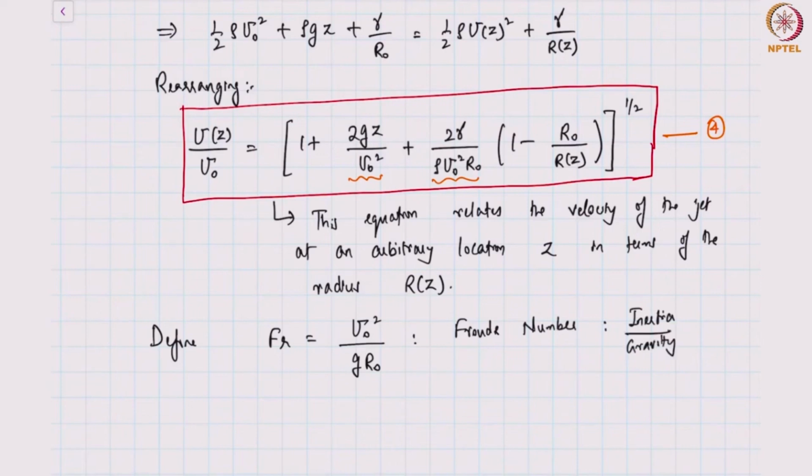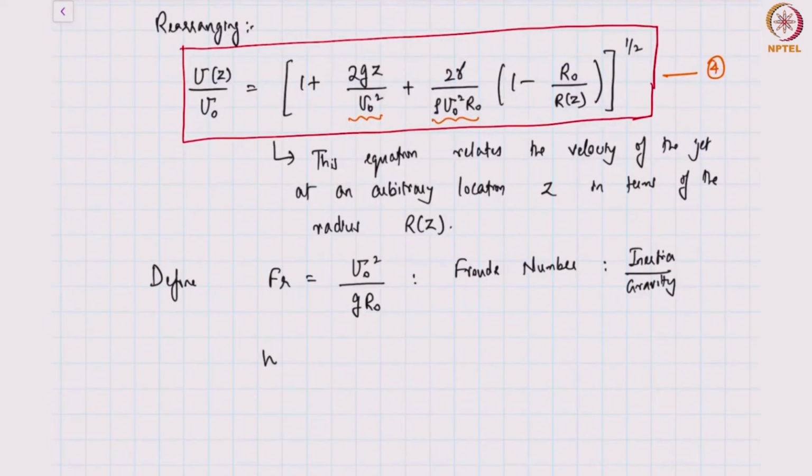Why have I chosen inertia to gravity? Because you see the combination here in expression 4. I have g in the numerator and U0 square in the denominator. So this number naturally emerges.